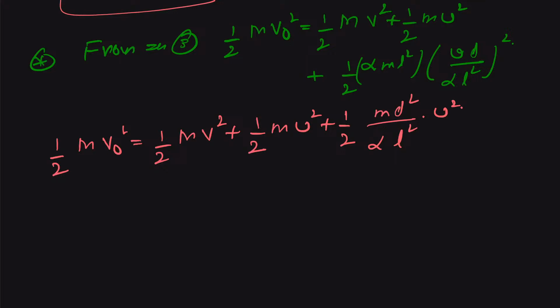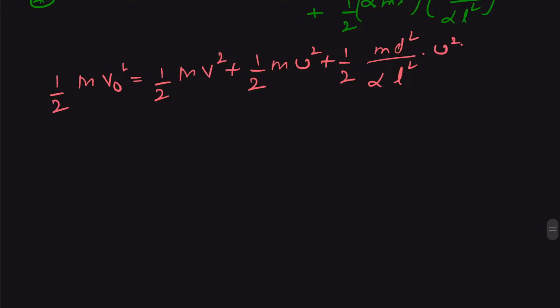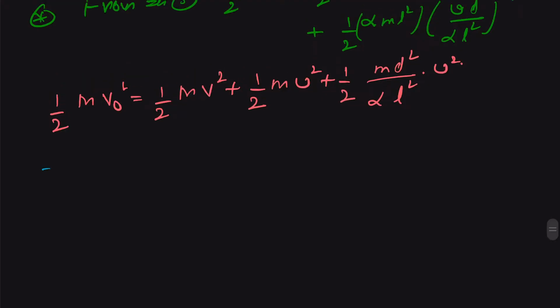Now once again we are going to use equation number 1. From equation 1 we can write that capital V is equal to v naught minus m upon capital M times v. And we are going to substitute this value of V in our energy equation, and we can just cancel out this half throughout, that is not required.